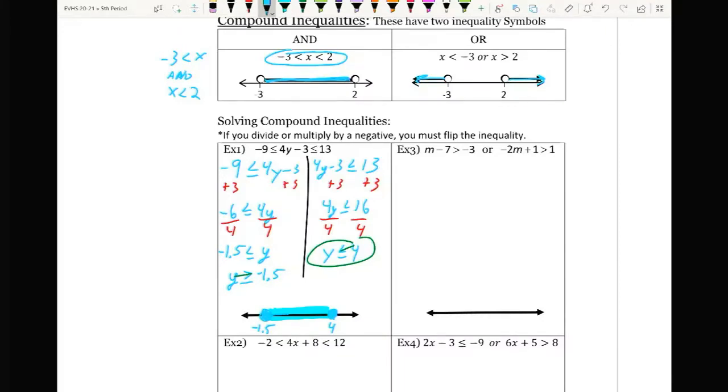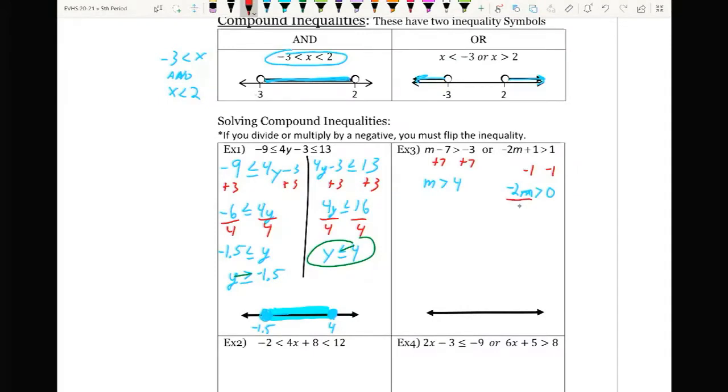Okay, this or inequality, we're just going to solve the two of them separately. So we're going to add 7. Gives me m is greater than 4. Now we're going to subtract 1, which gives me -2m is greater than 0.